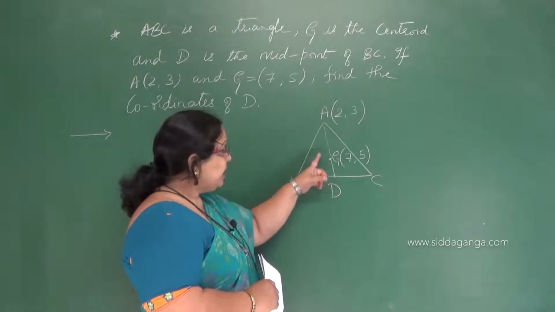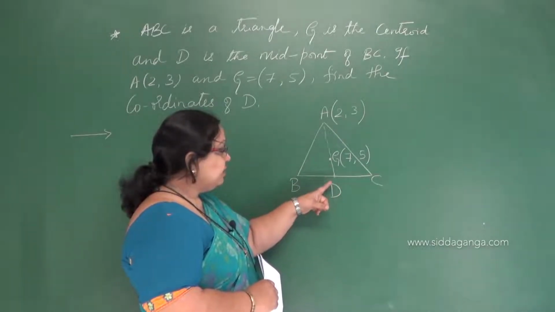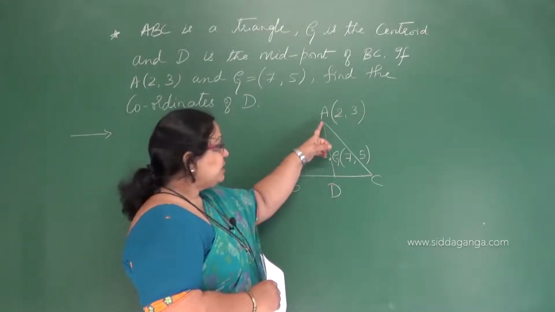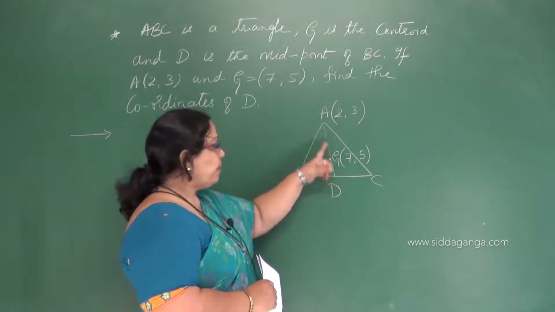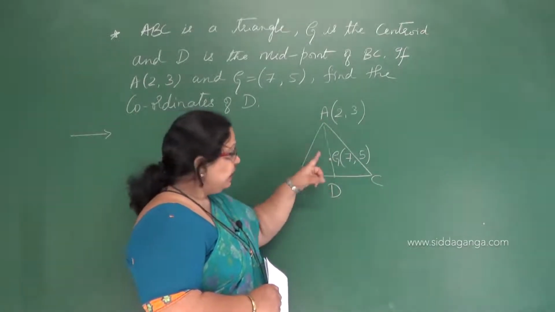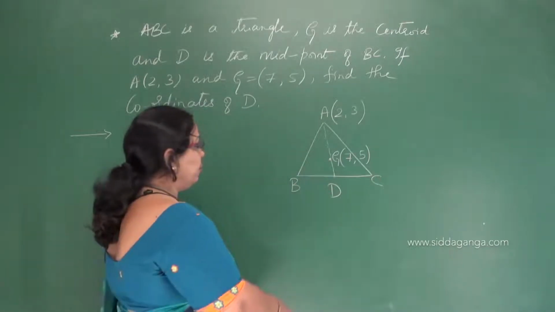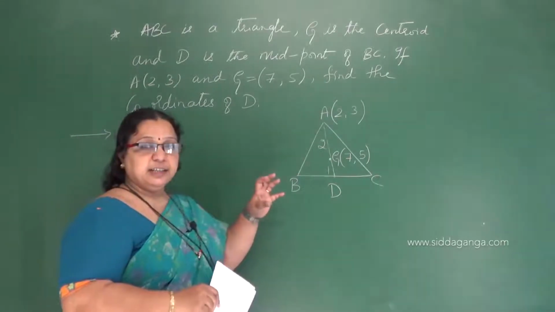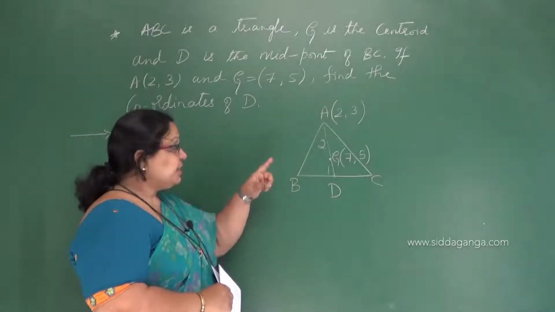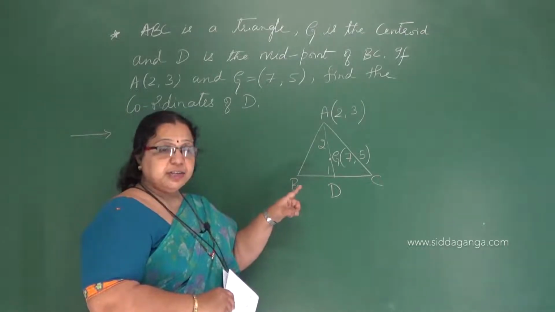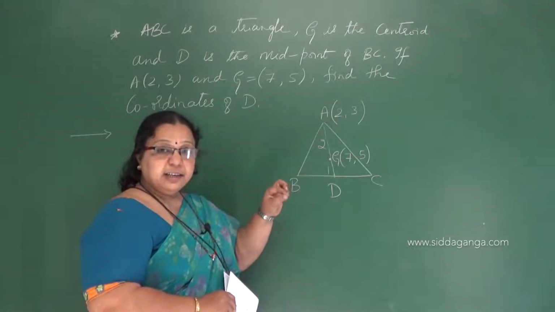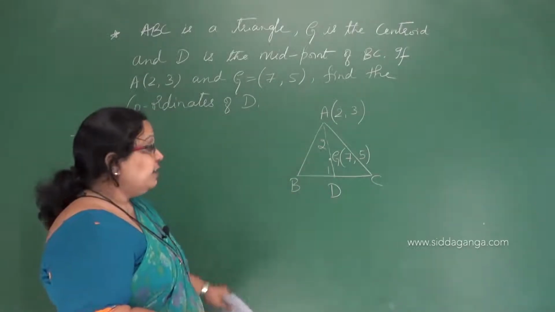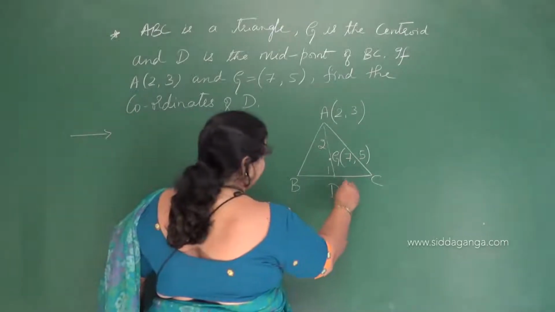Here, we can say that the centroid G divides the line joining the points A and D internally in the ratio 2:1. Hence we can find the other end.